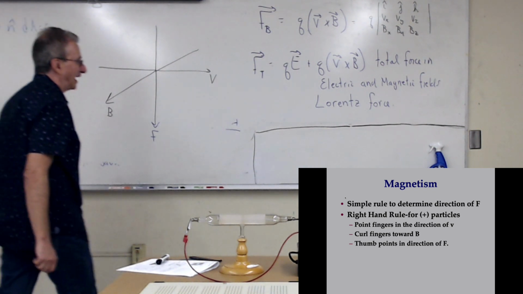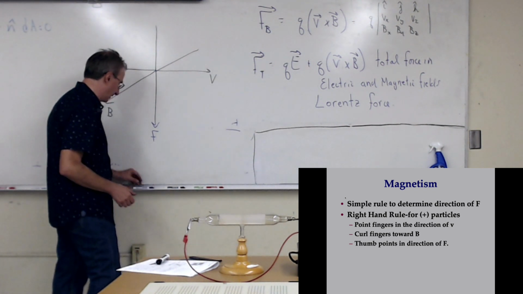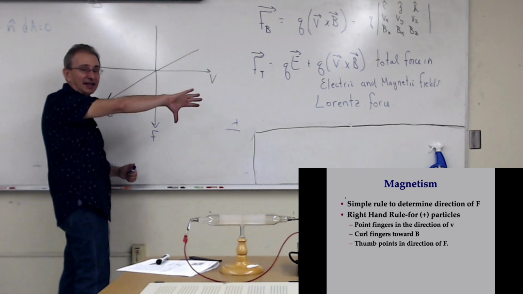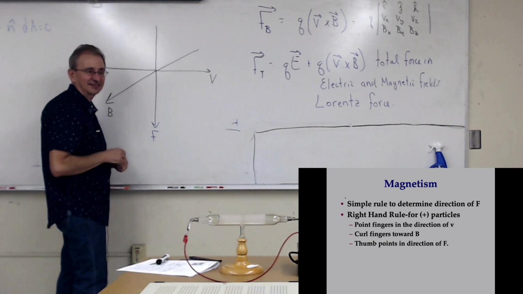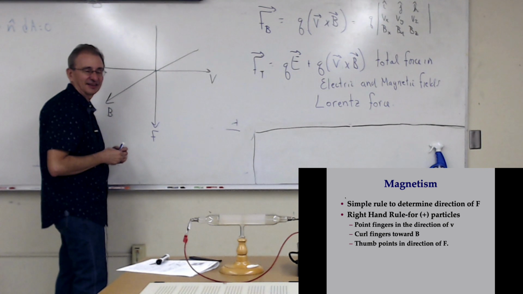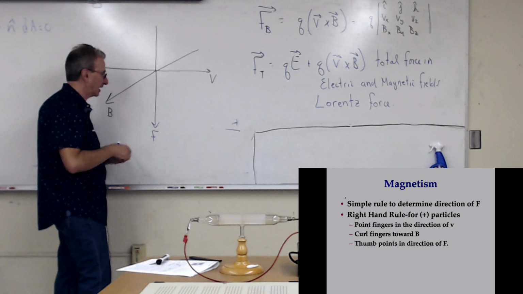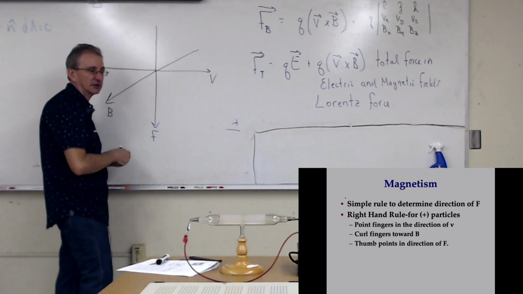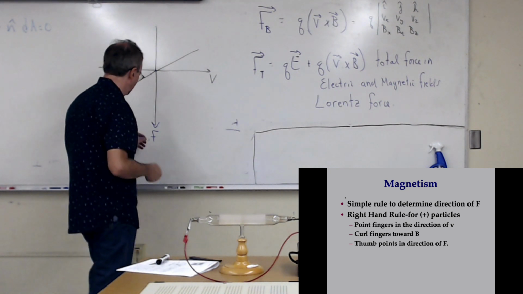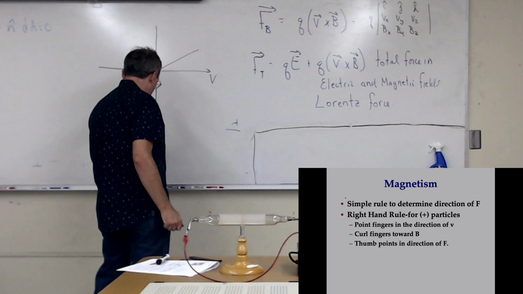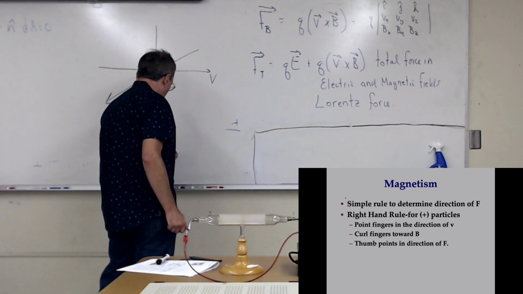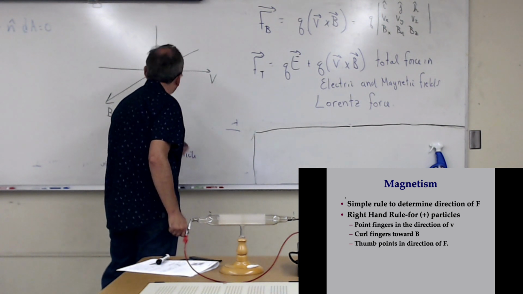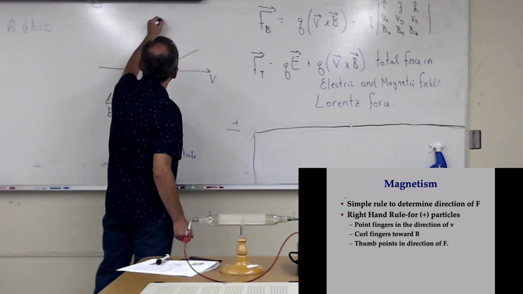And so if I have a negatively charged particle, then I have to flip my answer over. Does that make sense? If the charged particle is negative, and I apply the right-hand rule, I have to flip my thumb the other direction. So for a negatively charged particle, F is this way.